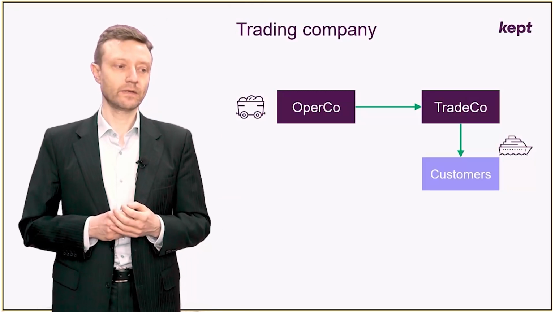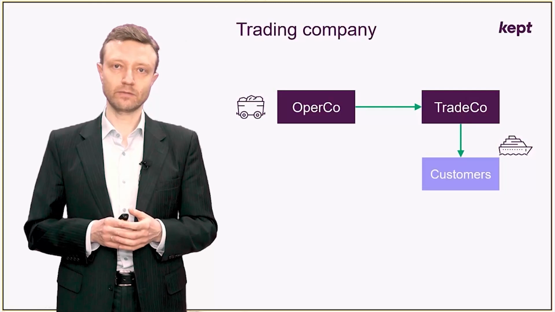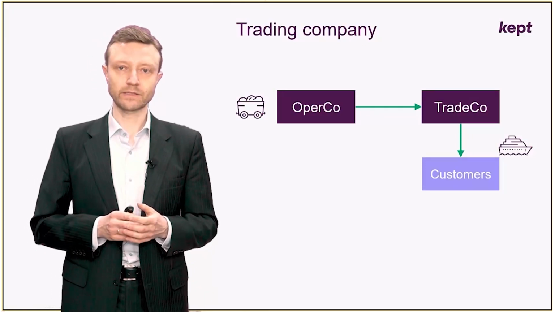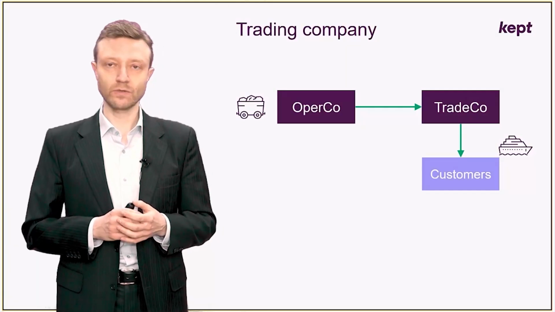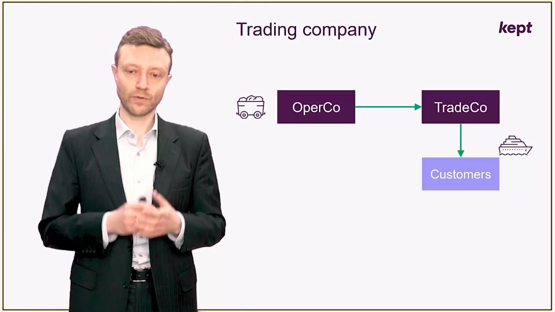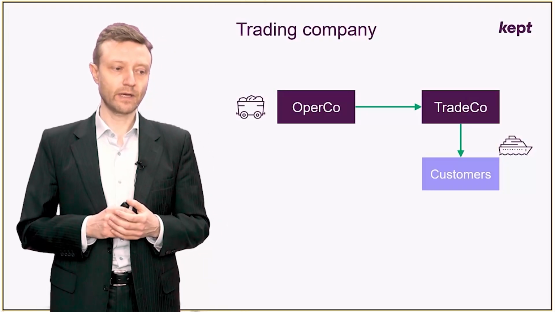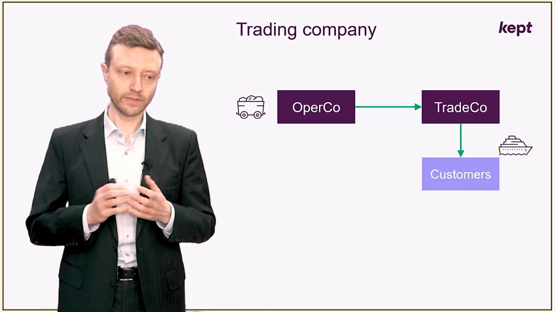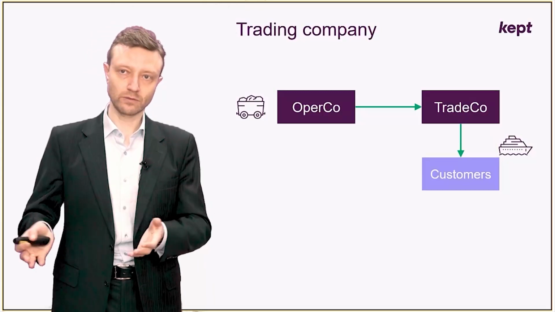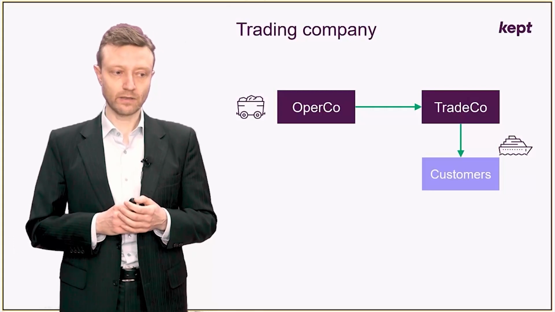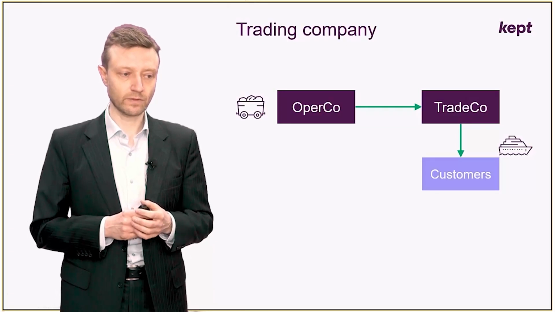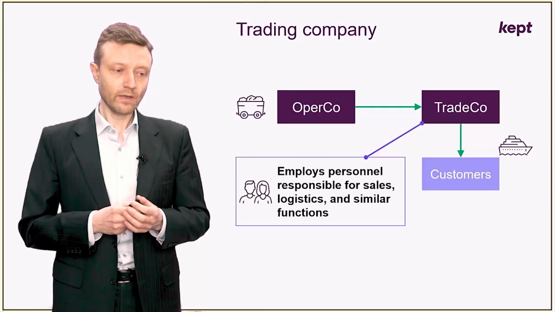Let's look at a trading company. As on this slide, there is an operating company that can mine coal or whatever, produce goods that then need to be supplied to the customers of this business. But a trading company is used as an intermediary, and it concludes contracts with customers and purchases whatever was produced from the operating company.